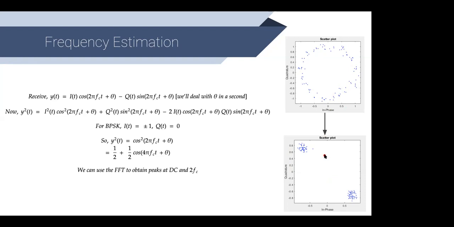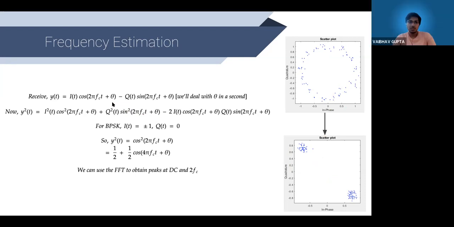I see. And the reason that right now the clouds are not exactly on the x-axis is because of that theta, which we are applying. Like we want to have that theta in the transmitter, right? No, it's not that we want to have theta in the transmitter. In fact, we already know that in the transmitter, theta is 0 because we know that it lies along the real axis. Theta is actually a function in part of our analog circuits.